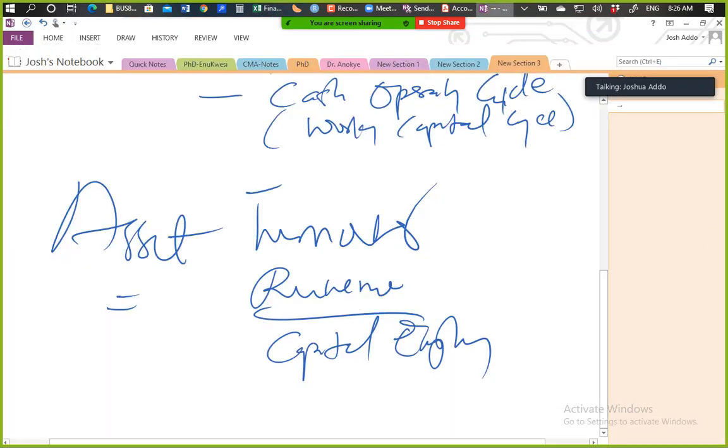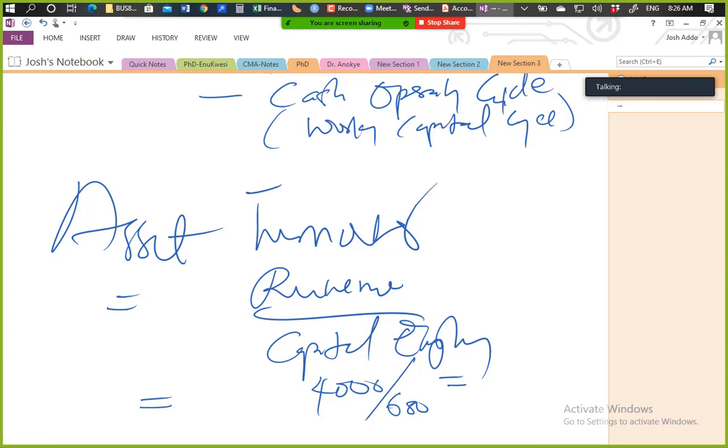So our asset turnover is equal to 4,000 revenue divided by capital employed of 680 million. They are all in millions. This will give us the figure. 4,000 divided by 680 is 5.88 times.